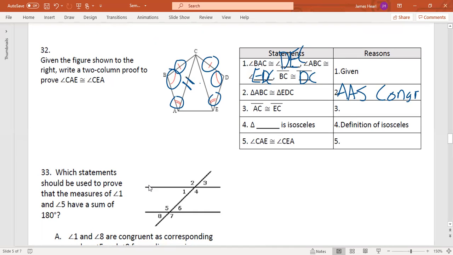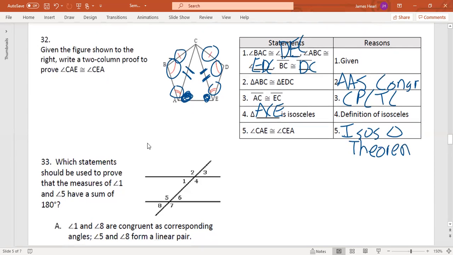AC is a congruent side to EC, thanks to the corresponding parts of triangles I just proved congruent, which now means triangle ACE is an isosceles triangle because it has two congruent sides, which now means its angles at the bottom, this one here and this one here, have to be congruent to each other because that's how the isosceles triangle works, literally the isosceles triangle theorem. If you have two sides that are congruent, the base angles across from them are also congruent.